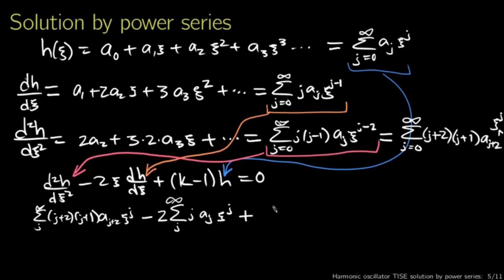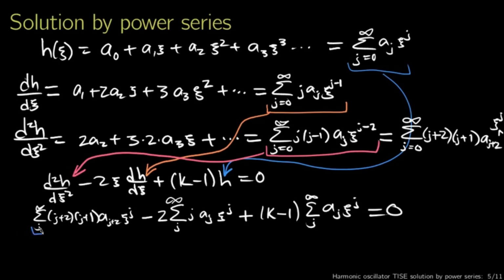My final term here has a k minus 1, sorry, out front, and has a sum over j going up to infinity of just a sub j, c to the j. And this is all equal to 0.